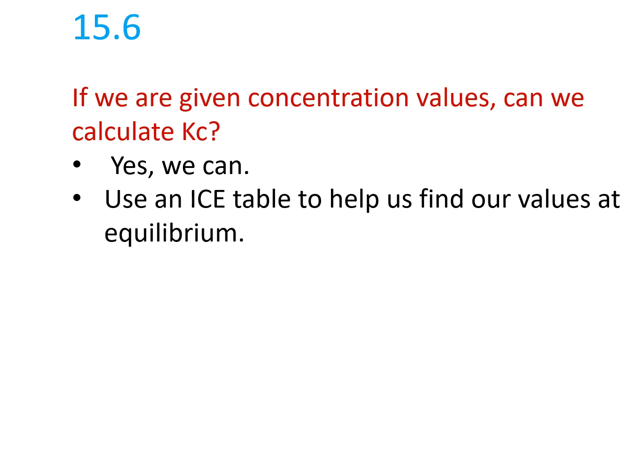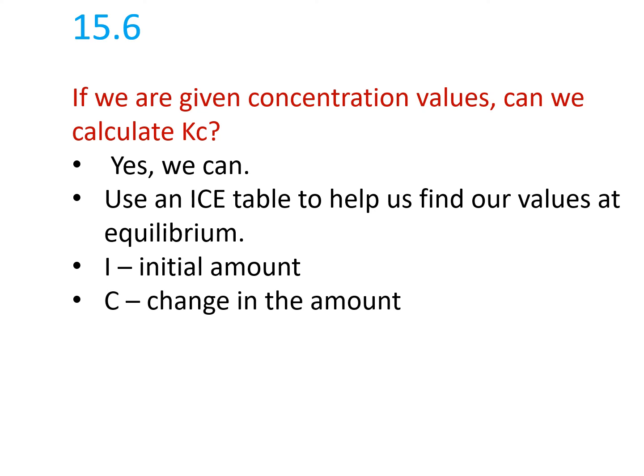Well, it's going to involve something called an ICE table. An ICE table is going to help us find our values at equilibrium. So what does ICE stand for? The I stands for the initial concentration of all of our players, the products and the reactants. The C stands for the change of amount that everybody goes through as a result of this reaction.